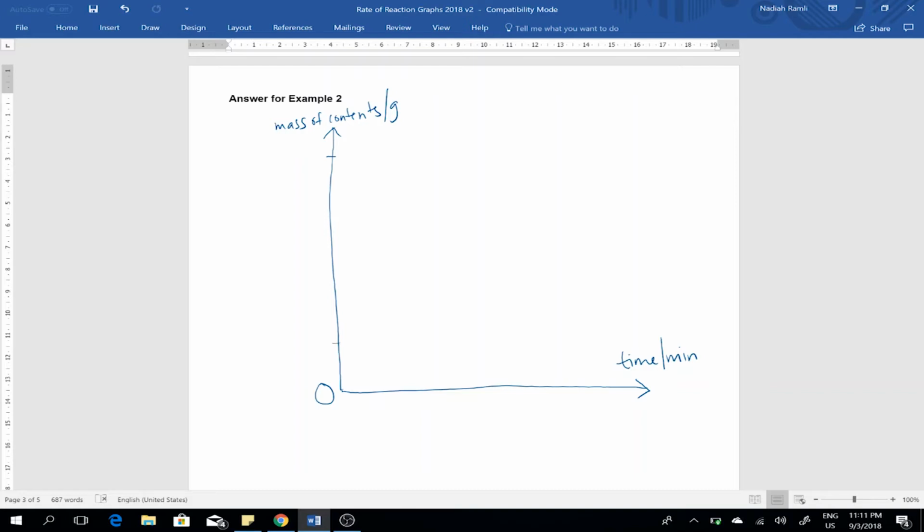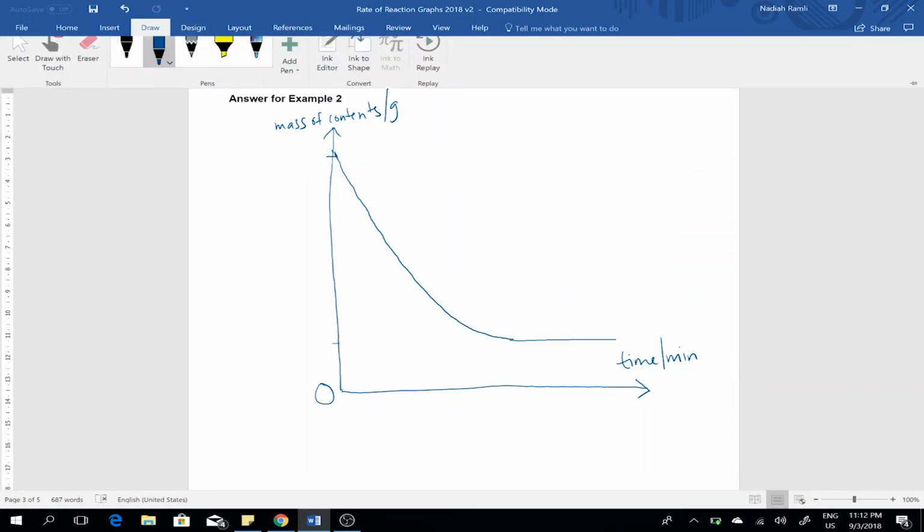Okay, so I will draw a straight line first, to show that gradient is 0. So gradient is 0 at the end. Then I just join the two parts together. So this part must be decreasing gradient.